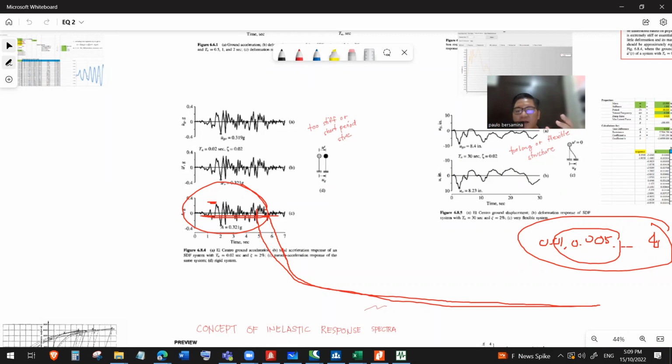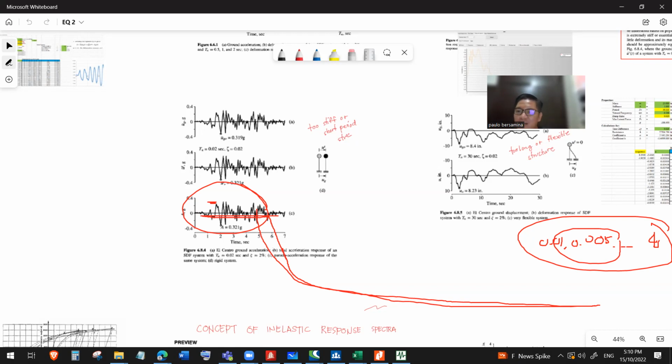After getting the each modal period, each modal period, of course, will have its corresponding responses. So ang nangyayari sa MDOF is we will convert that into a single degree of freedom problem, but isusuperimpose natin lahat ng mga responses ng SDOF.